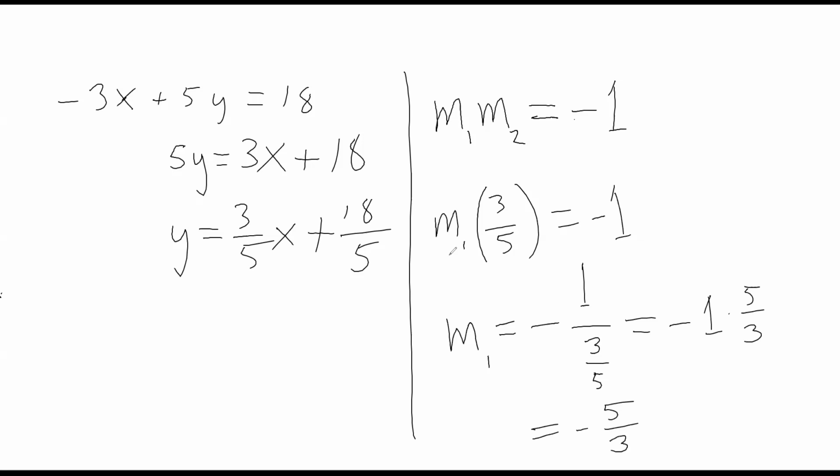Okay, so just to go back over what we've covered so far: we want to find the equation in slope-intercept form for the line that's perpendicular to the line -3x plus 5y equals 18, and also passes through that point -7, 12.